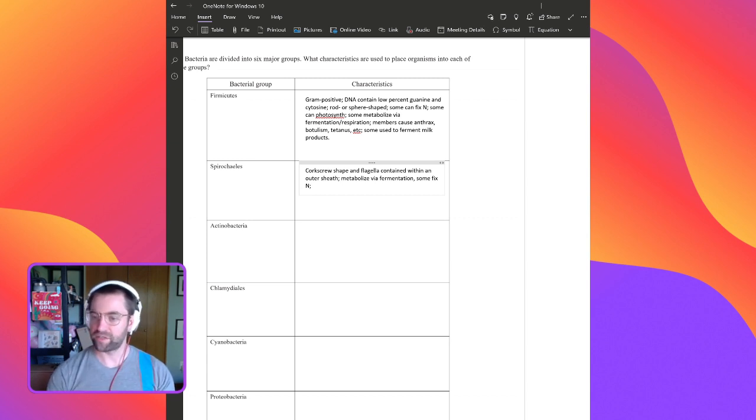Examples include syphilis and Lyme disease. And many are anaerobic, meaning they do not require oxygen for metabolism.